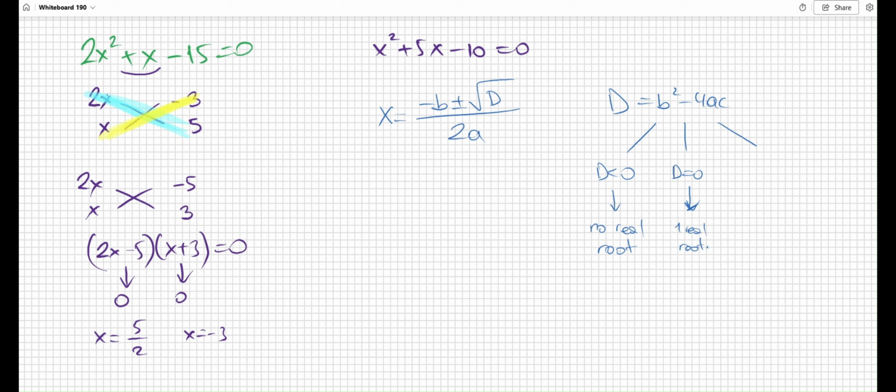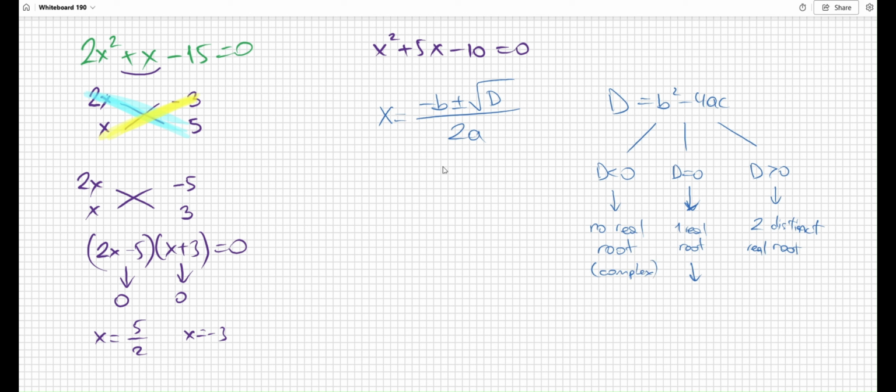But when the discriminant is greater than 0, it will have two distinct real roots. The first case, by the way, will be complex, but it is not our topic today.